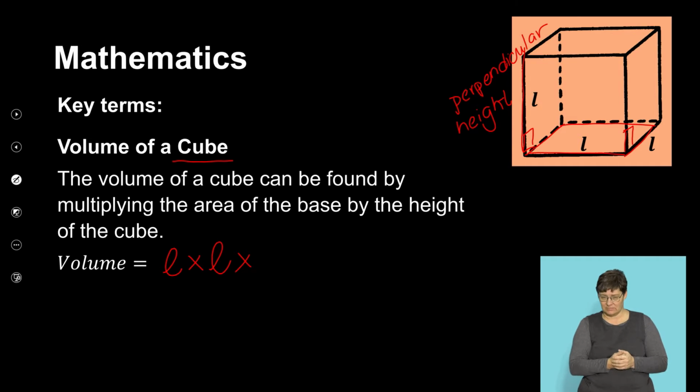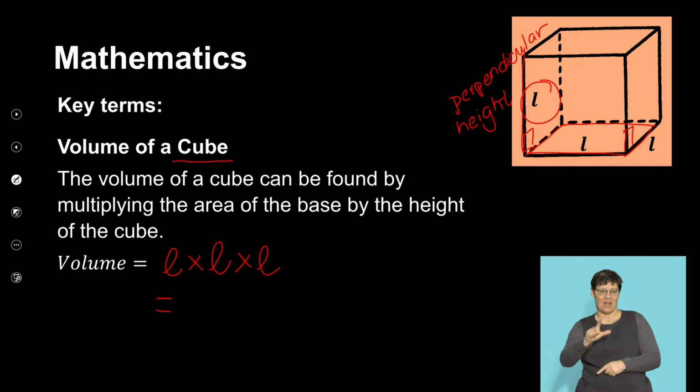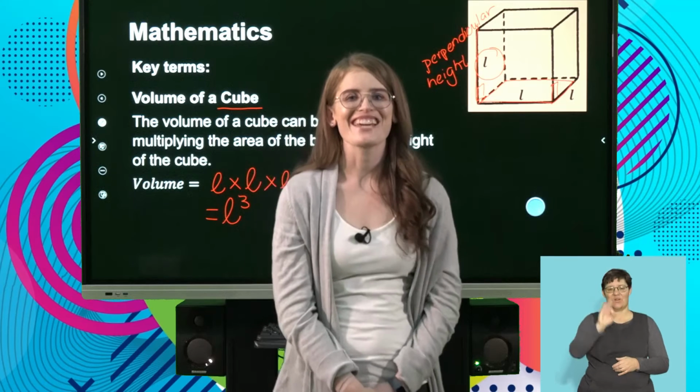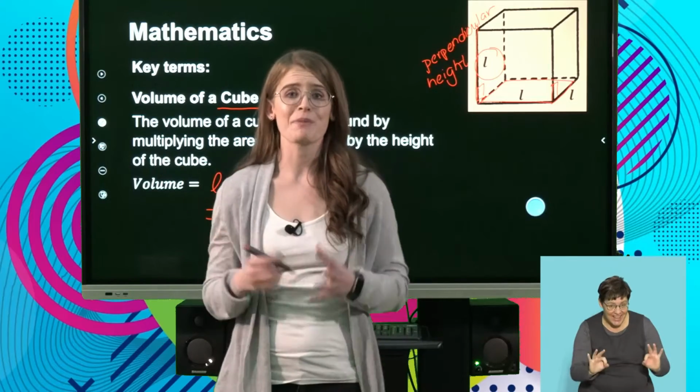But again, because this is a cube, all of the sides are equal to each other, so my perpendicular height is actually going to be L again. So L times L times L is going to be the volume of my cube, so my volume is L cubed. Great, everyone. I hope that everyone is with me so far.